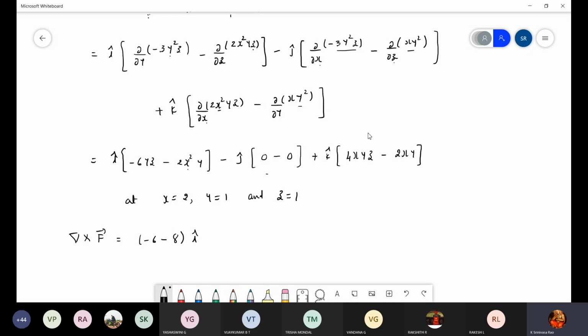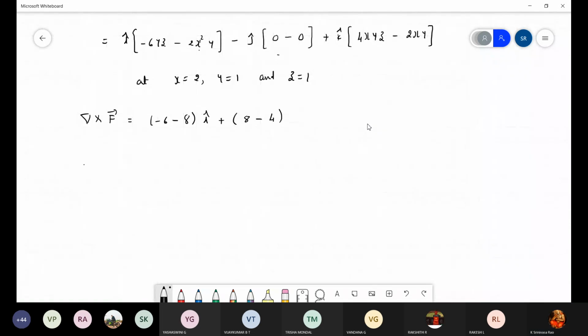And here plus 4xyz, 4 into 2 is 8, minus 2xy, 2 into 2 is 4. So final answer: minus 14 i cap plus 4 k cap. Is it right? Finally, it will be a vector only, no j.